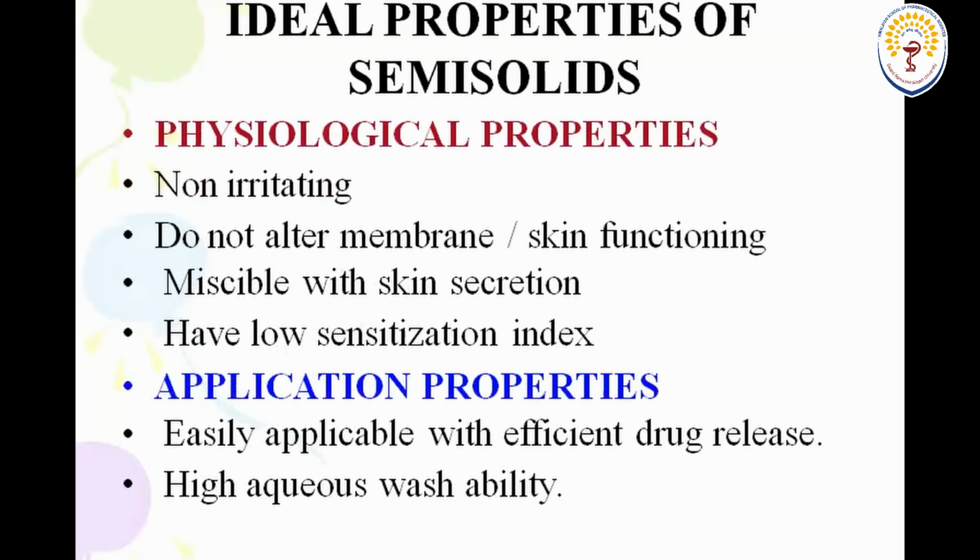Physiological properties: they should be non-irritating to the skin, not alter membrane or skin functioning, be miscible with skin secretions, and have a low sensitization index. Application properties: easy to apply with efficient drug release and high aqueous washability.